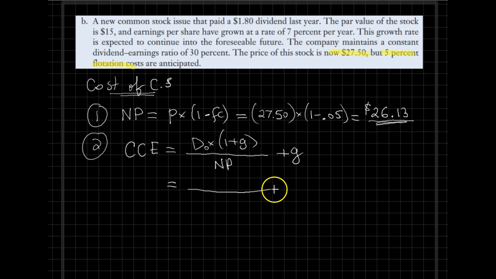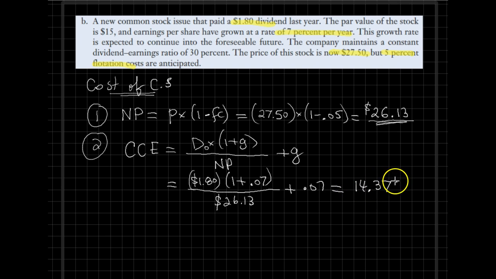So D0, the dividends paid, were $1.80, and the growth rate is given as 7% per year. We can now divide by the net price, in this case $26.13, and then we add finally the growth rate as well. So making these calculations will yield 14.37% cost of common equity.